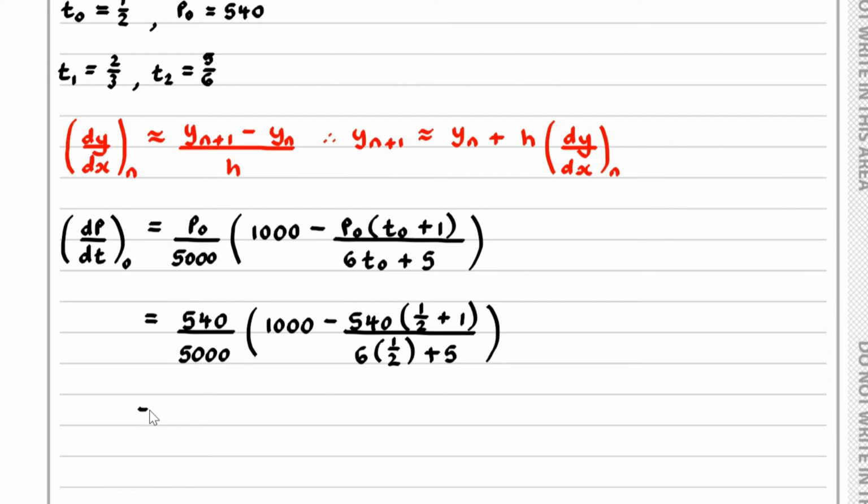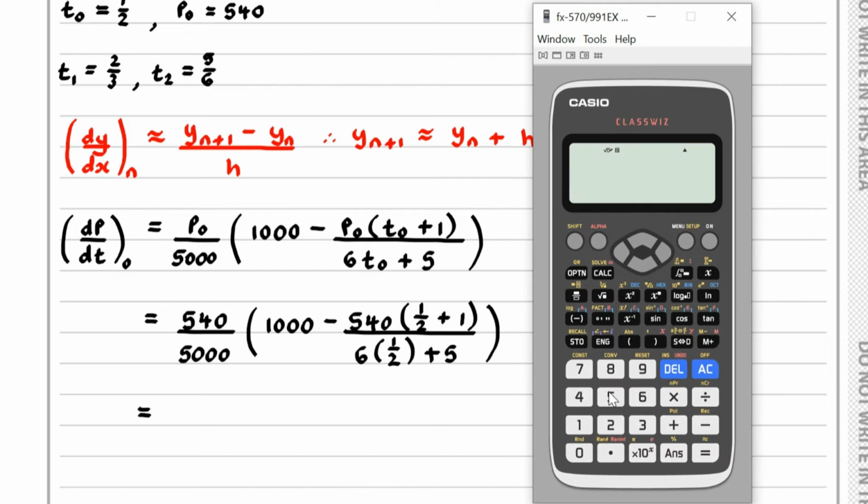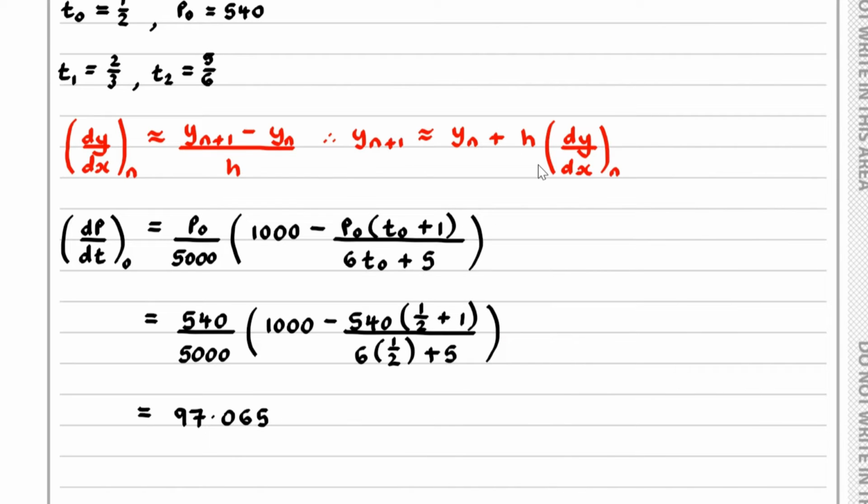So let's work out what this is. Typing this into our calculator, we end up with 97.065, and now what we can do is find out what P1 is using this formula here.